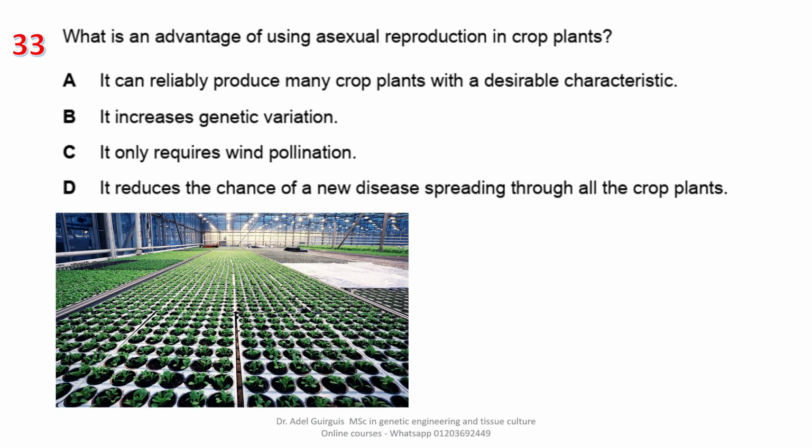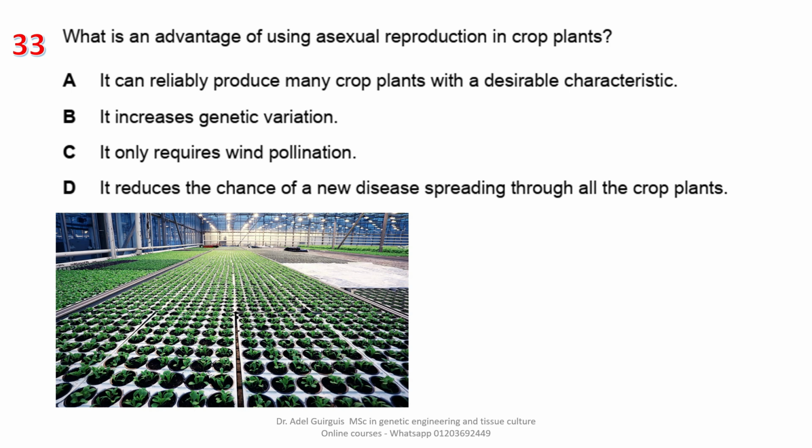It follows a certain technique in farming. It uses asexual reproduction to produce many crop plants with certain desirable features like big flowers, big fruits, less stem, and so on. Maybe this is a desirable feature for certain species of plant.